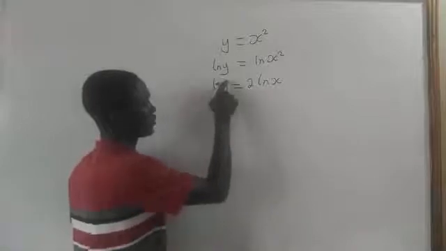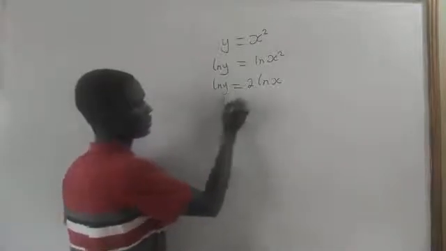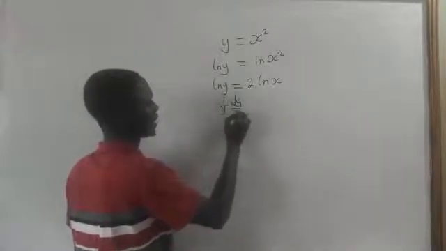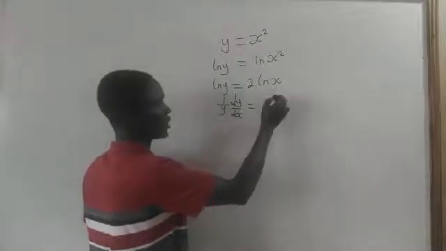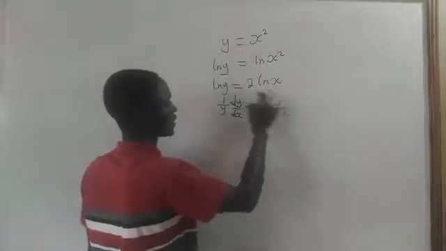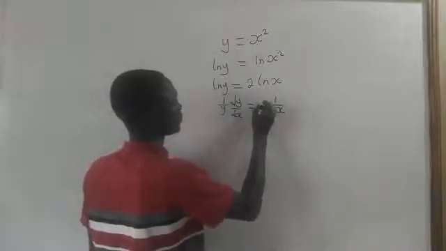So we are going to have, if we differentiate y with respect to y, we get 1. We divide it by y, since we have natural log. Then we attach dy on dx equal to, if we differentiate x with respect to x, we get 1 divided by x because of the natural log. Then times 2.